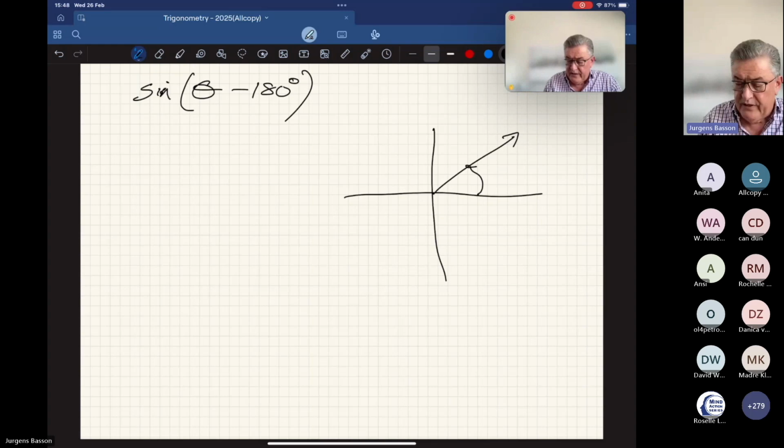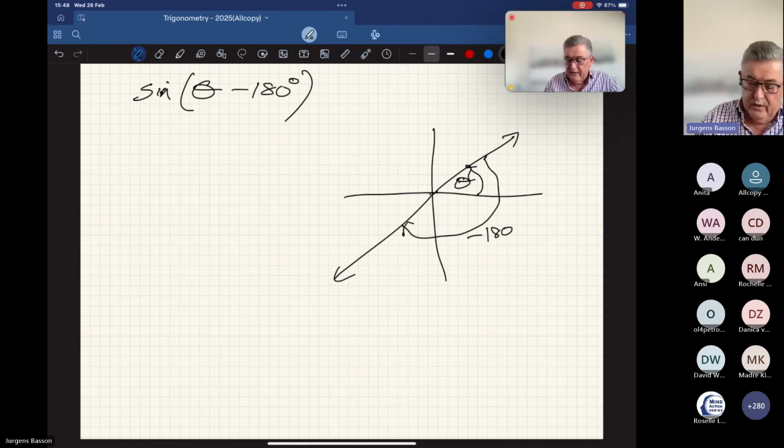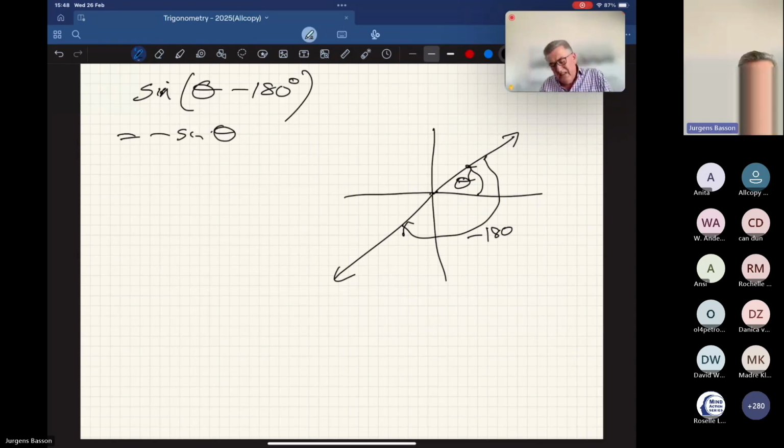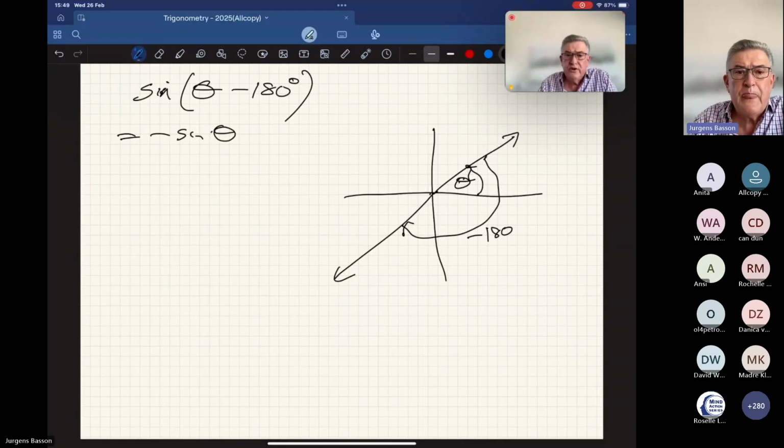That is my angle theta. If I take that angle and I subtract 180 from it, then I hope you agree with me, I will get here. So this is minus 180 from theta, which takes me to the third quadrant. So that means it will be negative sine theta. The learners are not always quite so happy with these drawings, but for you as teachers, I think it's good for all of us to know. If someone asks you, you can show them.